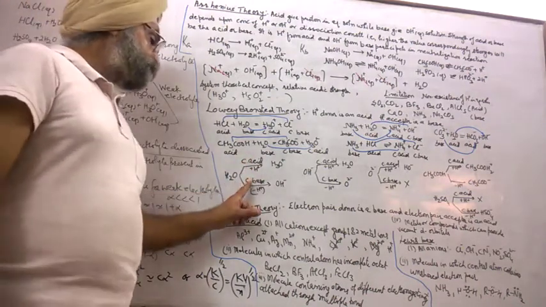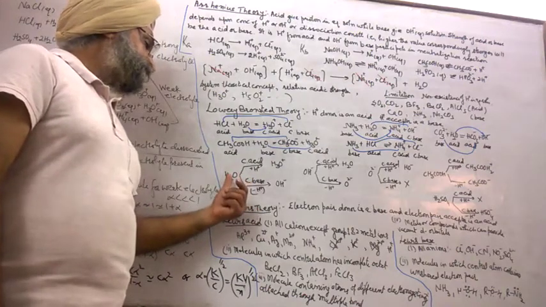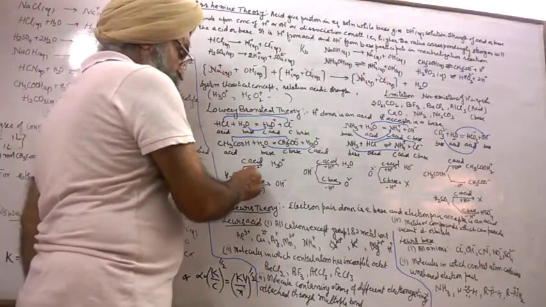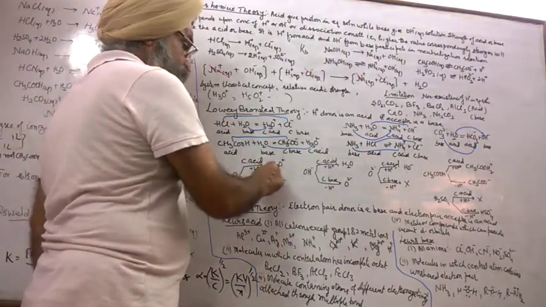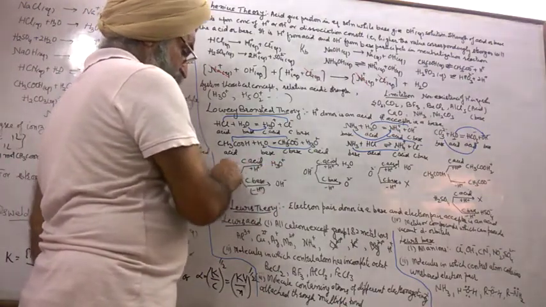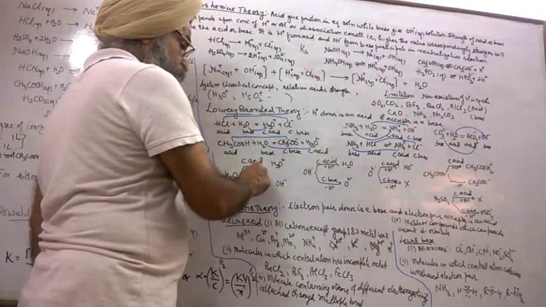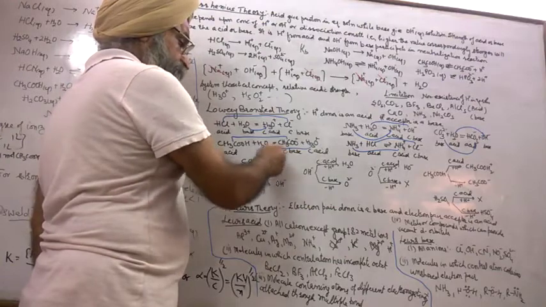If I would like to write the conjugate base, then it is an acid. Acid donates a proton. So we have to remove one hydrogen. H3O is neutral overall, 0 plus 1 plus 1, so this becomes H3O positive.